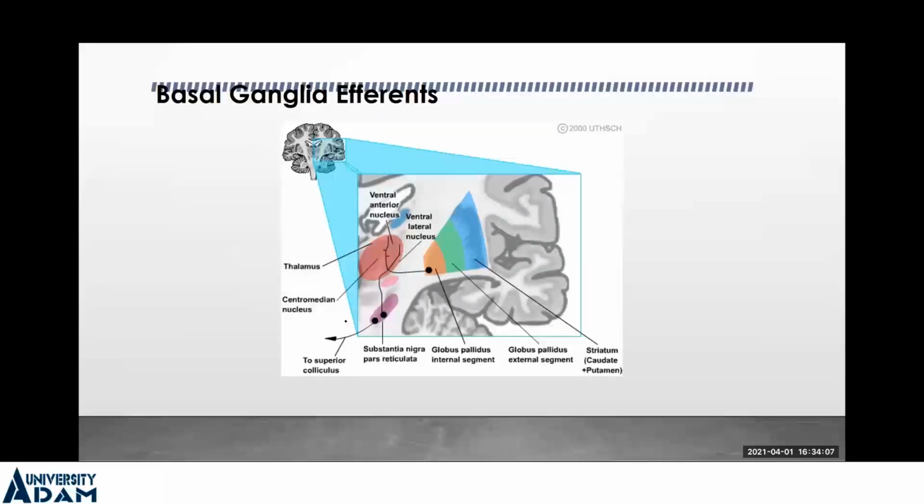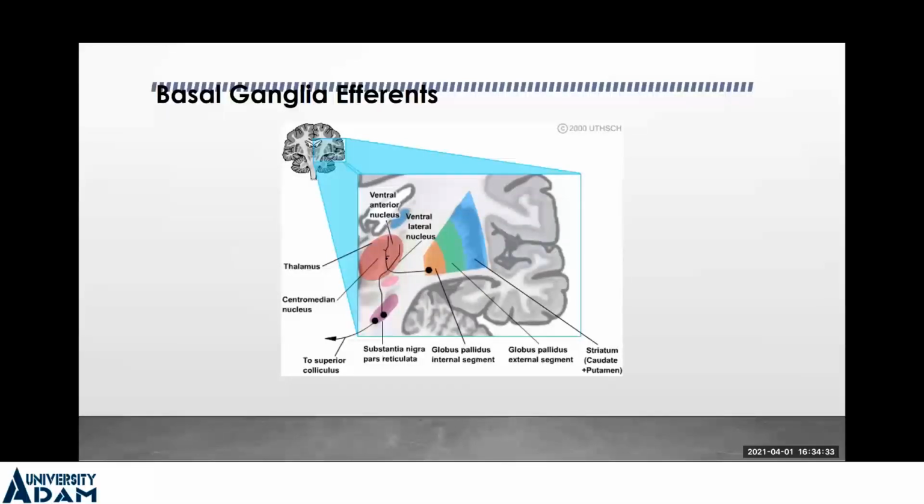And the second basal ganglia efferent starts from the globus pallidus internal segment, and it goes to the ventral anterior nucleus. So, guys, now you know that we have basal ganglia afferents and efferents, okay?